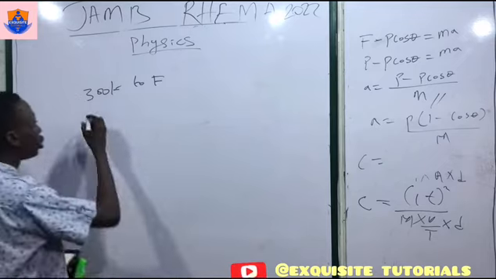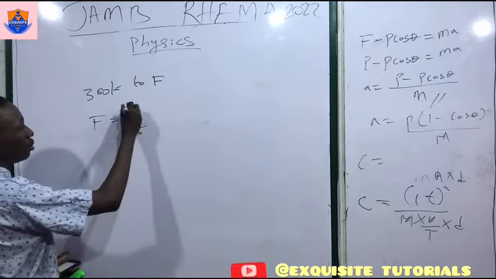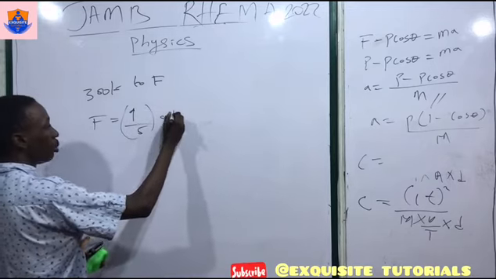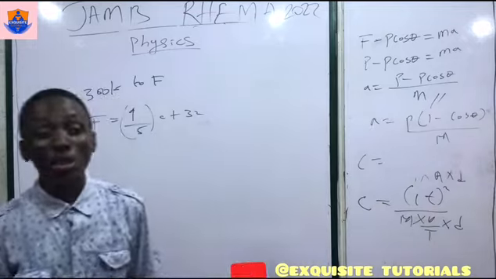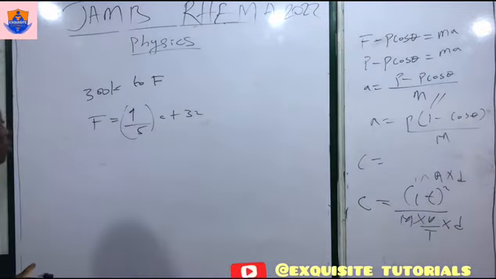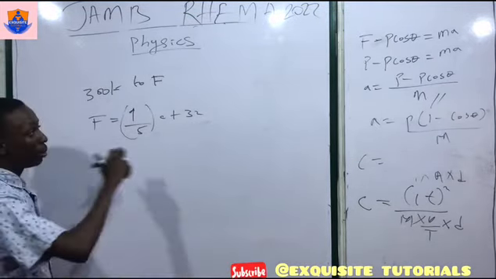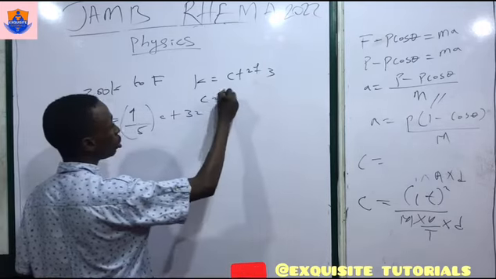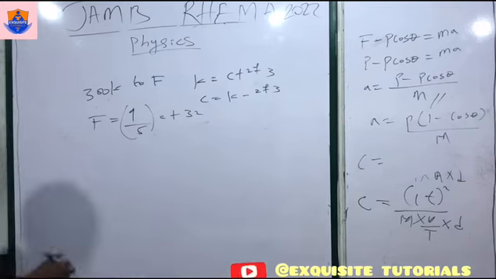Now we know the relationship between F and C, that F is equal to 9 over 5 C plus 32. But they gave us the temperature in Kelvin, and we know that K is equal to C plus 273, right? So we know that C is equal to K minus 273. So we can bring that down here.